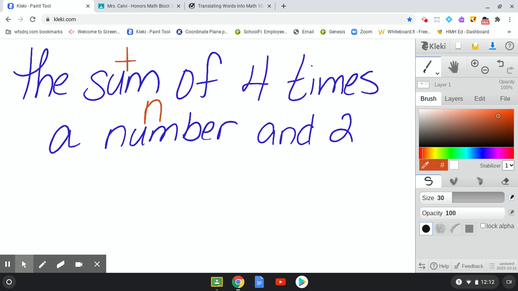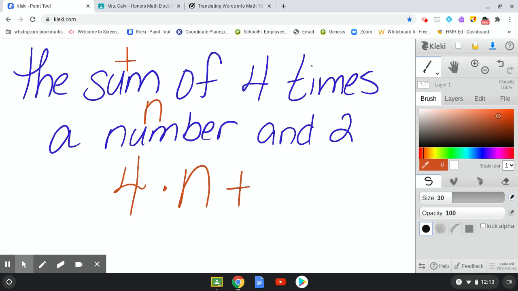So if I were to go ahead and write this, it would be 4 times a number, which is n, and 2. The sum of 4 times a number and 2.